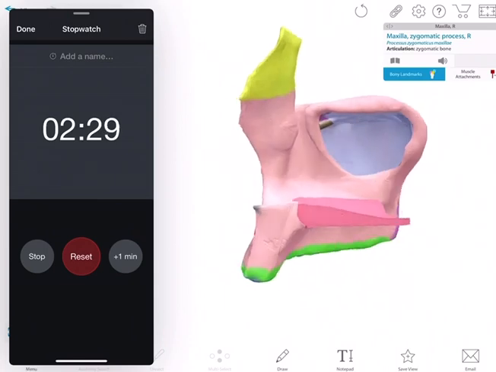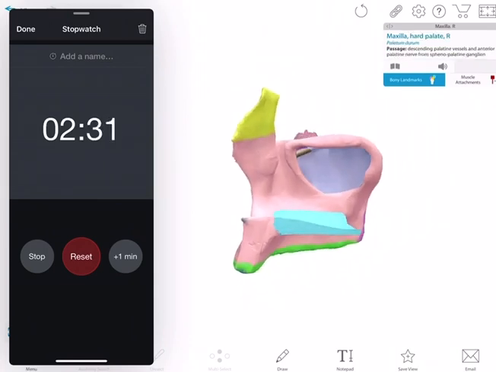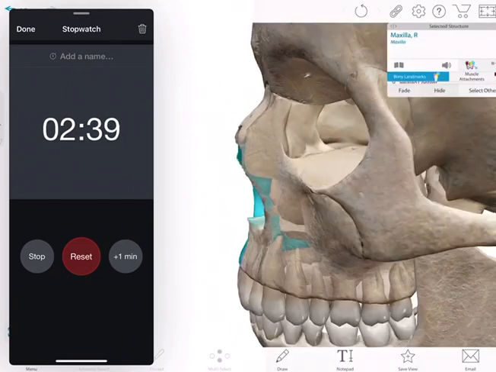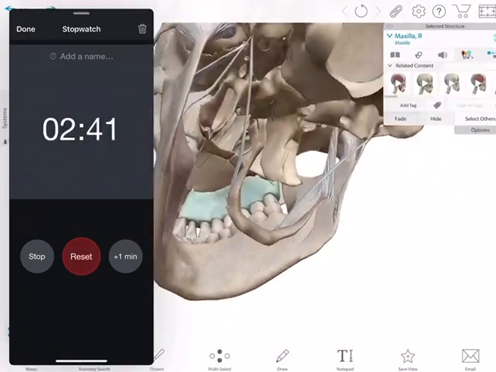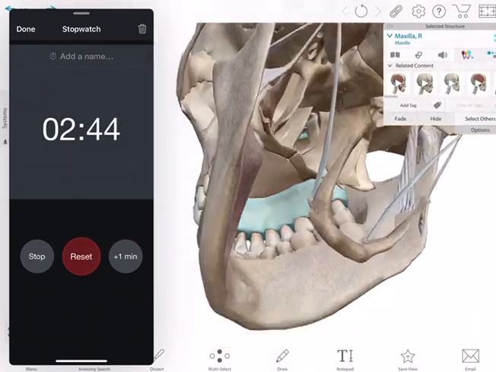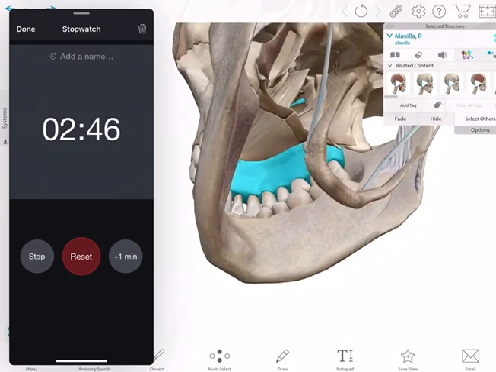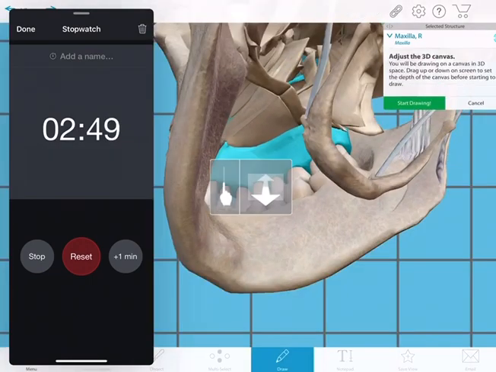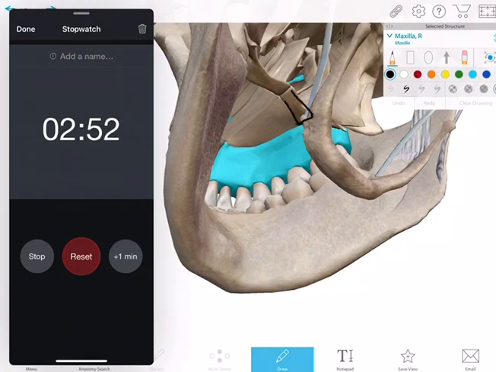Also, we have the palatine process here, which contributes to the formation of the hard palate with the palatine bone. As we can see from this view, we will zoom in. Here we can see the palatine bone, and this is the horizontal process of the palatine bone, and we can see here by the red lining the palatine process of the maxilla.